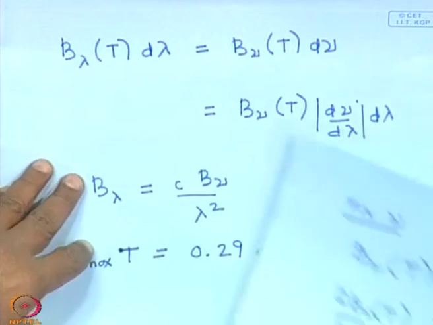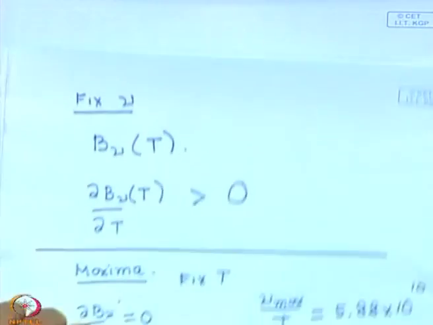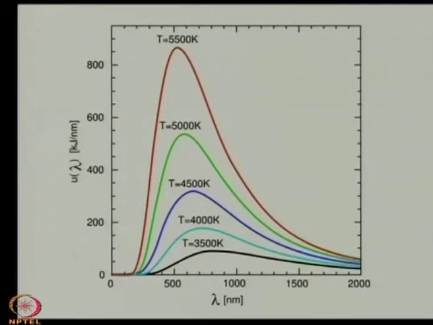Okay. So, the key point here is that as you increase the temperature, the maxima shifts to higher and higher frequencies, or smaller and smaller wavelengths. And just as an example, look at these curves.